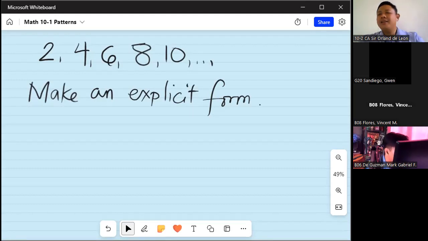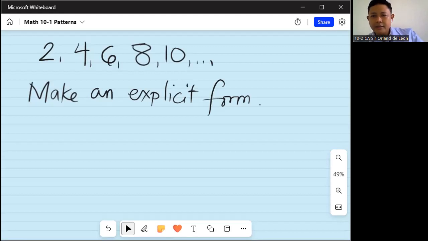But even without using that formula in our module, we can still make our own formula for the explicit form. Do you want to learn it? Show me a reaction if you want to learn it. Okay, thank you. So now let's do this.